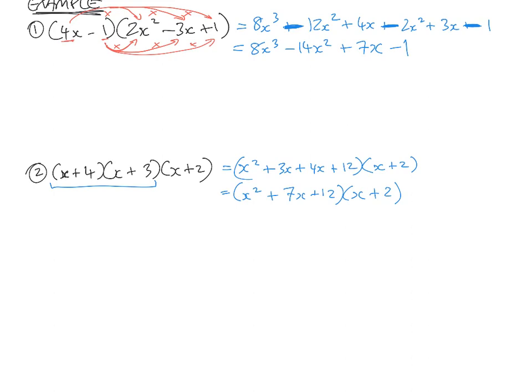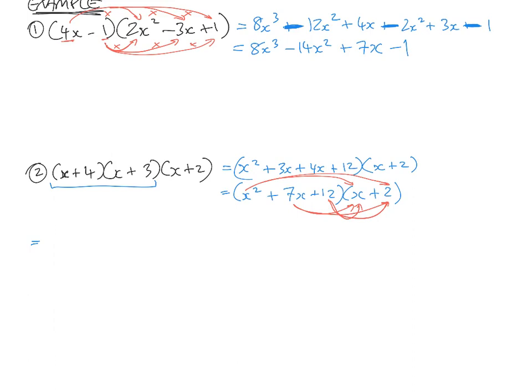So to illustrate, you're going first term by the first, first term by the second, second term by the first, second term by the second, then third term times by the first, third term times by the second. So let's do that. I'm going to put my working out here because it's getting quite long.